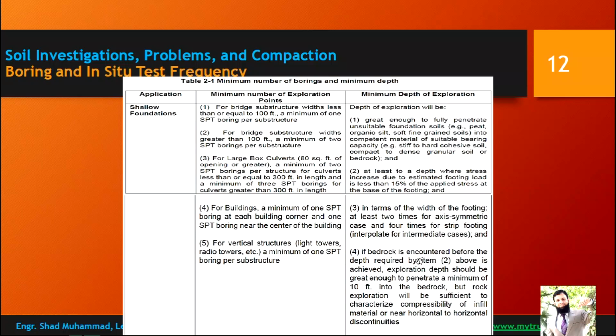So you can see that if bedrock is encountered, then depth is required. According to point number 1, if bedrock is encountered, you should follow this provision, and if that provision is also followed, then at least 10 feet deep you should penetrate your SPT in the bedrock.